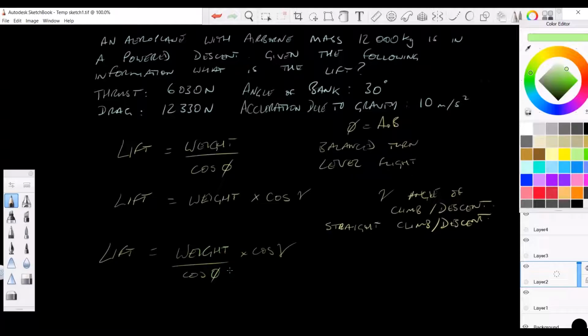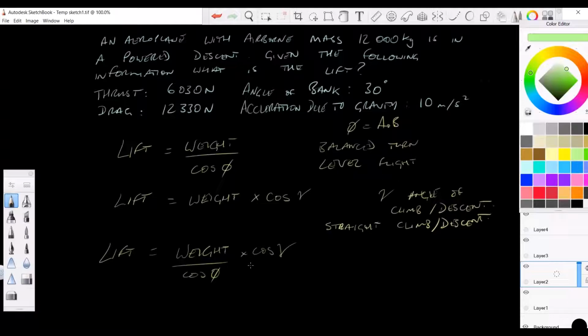Now, this is actually my preferred expression of lift, because it shows that lift is determined by the aircraft weight and the flight path you choose. The lift equation, lift equals CL half rho v squared S, or lift equals half rho v squared S CL if you're doing a PAD pilot based course, just tells you how the lift is produced.